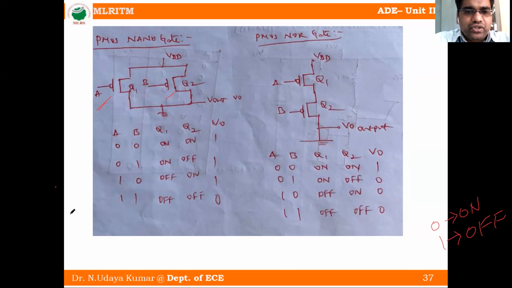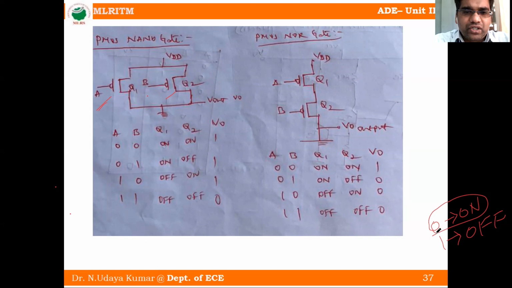First we will see the 0 0 combination. 0 means low or logic 0. Logic 0 is given to A, that is a PMOS transistor, so the transistor is on. Again B is 0, so this transistor is also on.